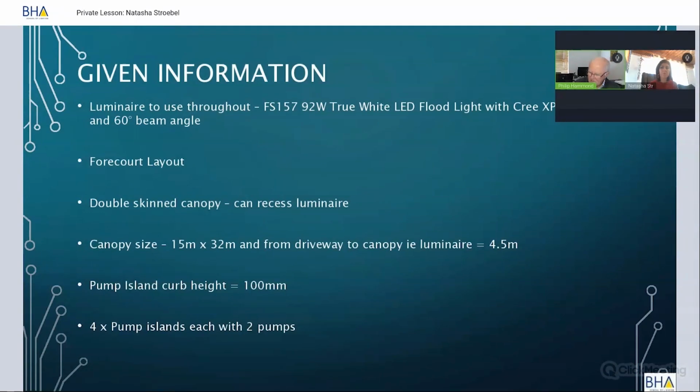And the step from the driveway to the top of that little island is 100 millimeters. Okay, 100 millimeters. And there are 4 pump islands, each with 2 pumps. Okay, that's the narrative.